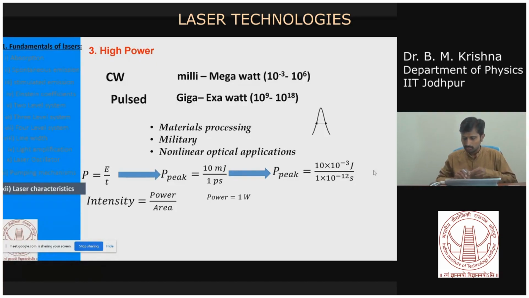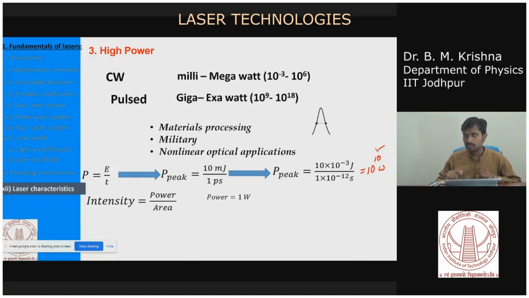Here this is 10 power minus 2 by 10 power minus 12, that is almost peak powers in the order of 10 power 10 watts. Yes, so this is the peak power.